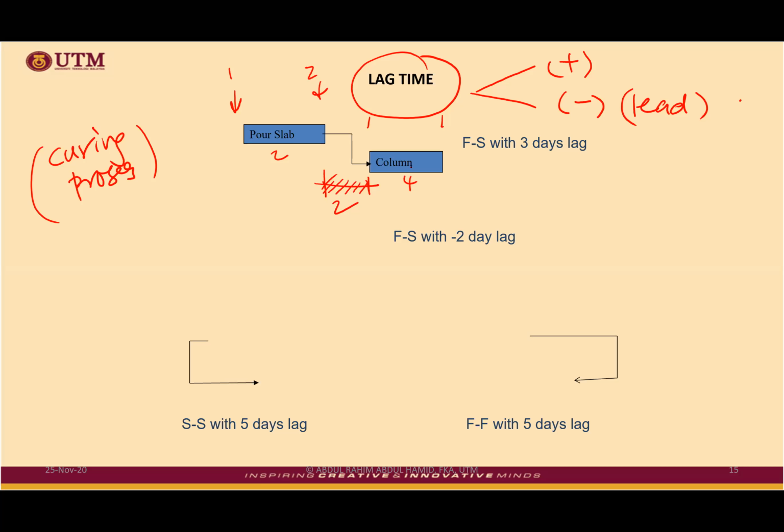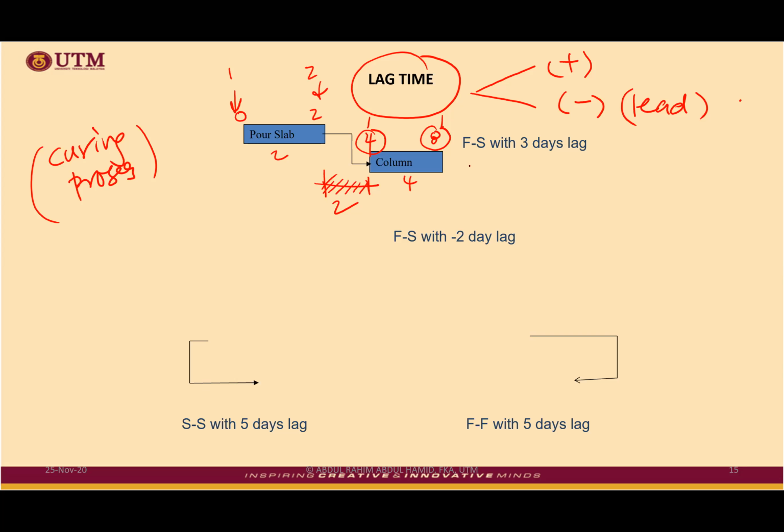You notice what would happen to the completion of the project. By calculation, 0 plus 2 equal to 2, 2 plus 2 equivalent to 4. You see? So we start at day 4, not immediately at day 2, because we do have lag. Okay? And then 4 plus 4 equivalent to 8.